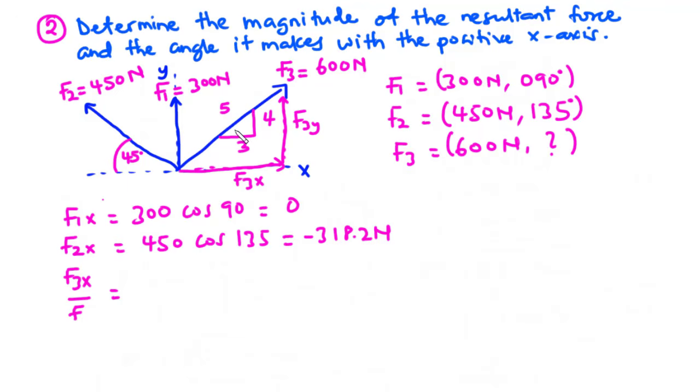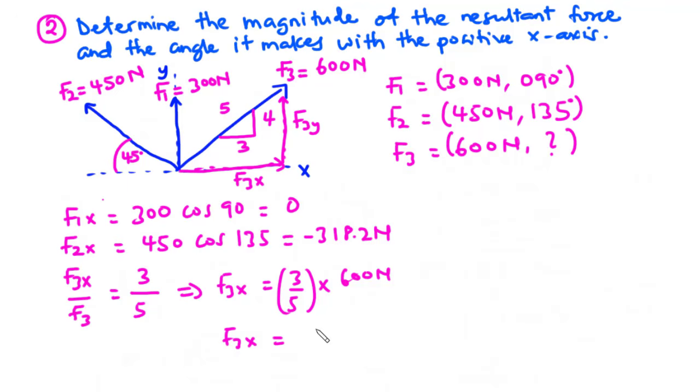F3x corresponds with 3, and F, which is the force, corresponds with 5, the hypotenuse. So F3x equals 3 over 5 times the force F3. F3 is 600 newtons, so F3x is equal to 360 newtons.